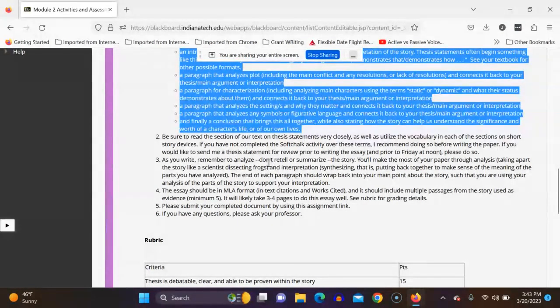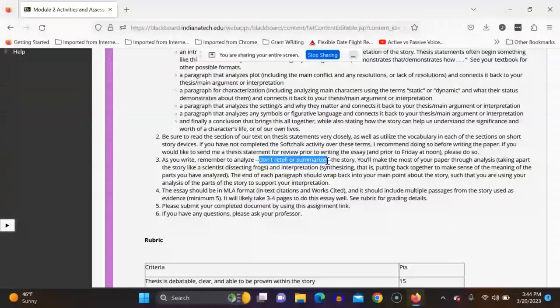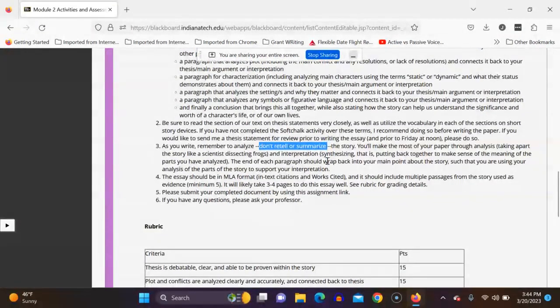Assume we already know the story and we don't need you to tell it again to us. So the only time you'll be quoting is if you're giving examples. So for example, they said this. You're analyzing the story and interpreting the story and bringing this back together.